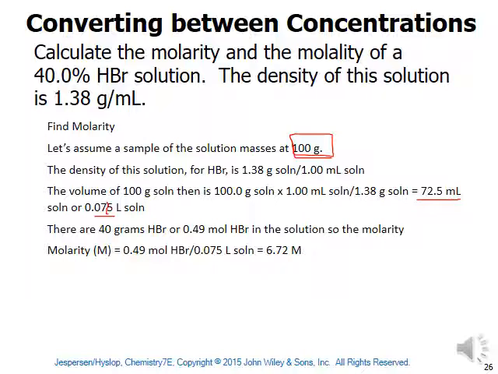The molar mass of HBr you can figure out is 80.91 grams per mole. Divide 40 by that, you end up with 0.49 moles of HBr. And then you simply divide the moles by the amount of solution. And so the answer is actually 6.73, I believe, molar.